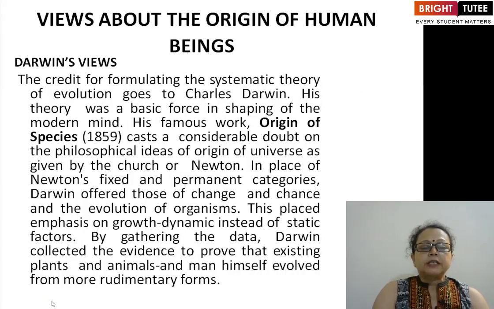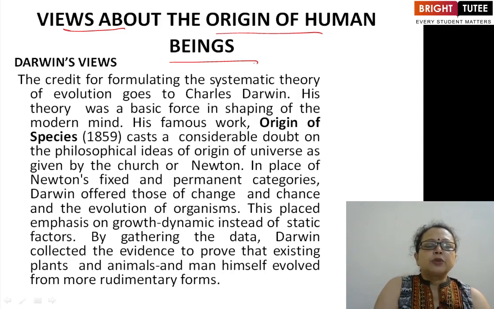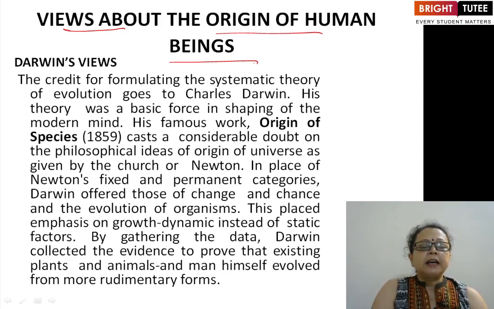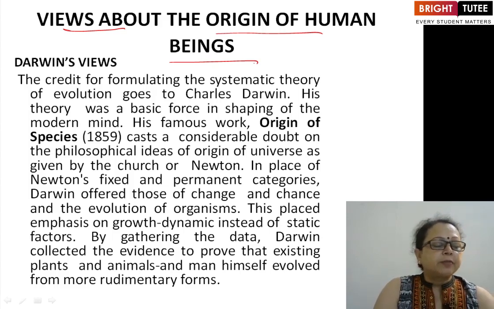Now coming to the views about the origin of human beings: what Charles Darwin wrote in the Origin of Species is that humans have evolved from animals. This is the theory given by Charles Darwin.